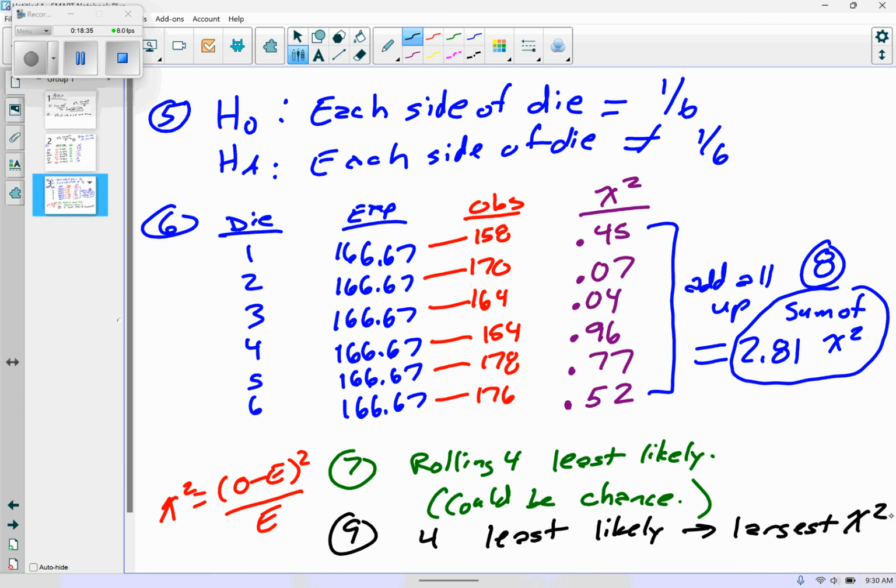If the null is true, doesn't that mean that they all have an equal distribution? Maybe I answered this wrong. So the null is true, so we're expecting a 1 in 6 chance. So you have to have the highest chi-squared value, so it has to be the 4. The 4 is the most likely not to have occurred.